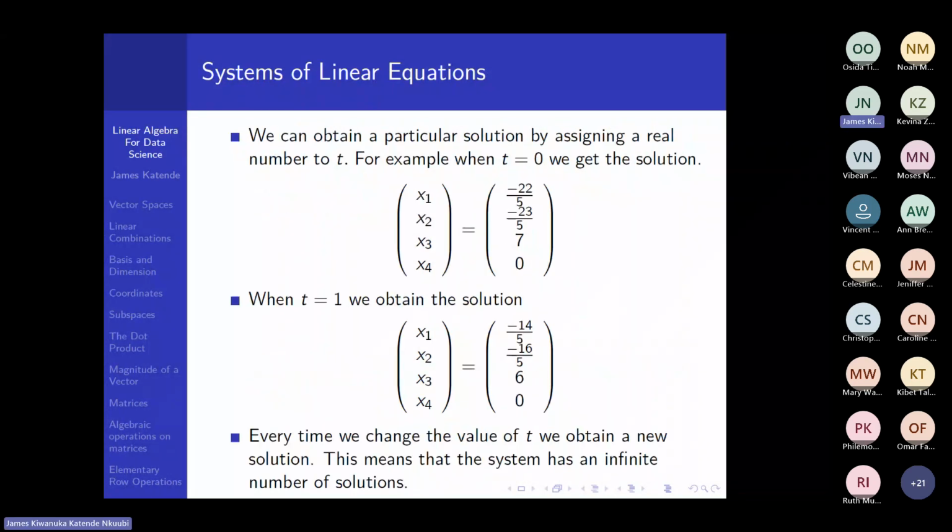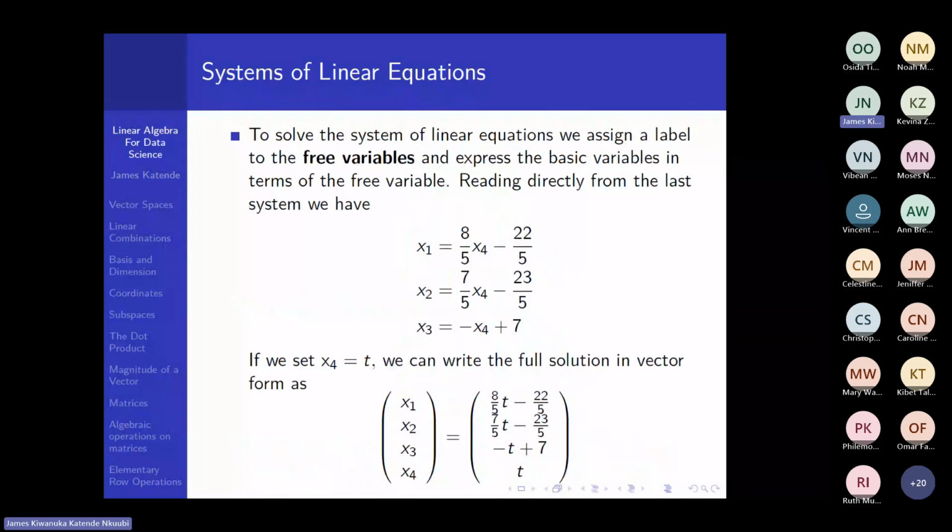I think we have some examples where we've done the substitution here. If t is 0, then this is a solution. If t is 1, this is that. You can work this out yourself. What is 8 minus 22?